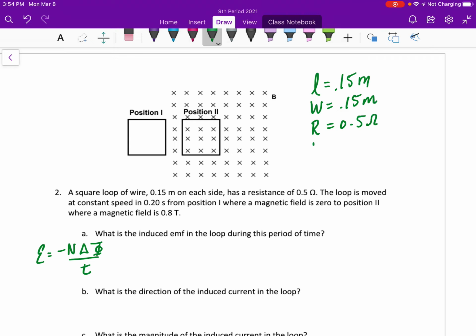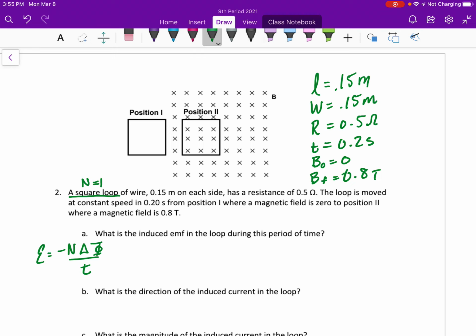It's moved in a time of 0.2 seconds, from B naught is 0, and let's write this as B final equals 0.8 Teslas. Those are all the variables they give us. The first thing we need to do is figure out what the flux is, because we've got the time and it's a square loop, so this really tells us N equals 1.